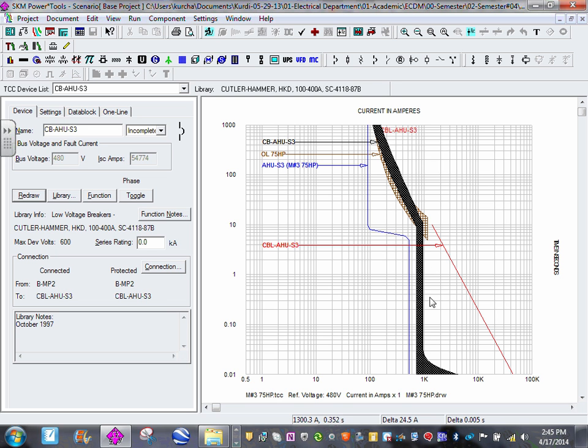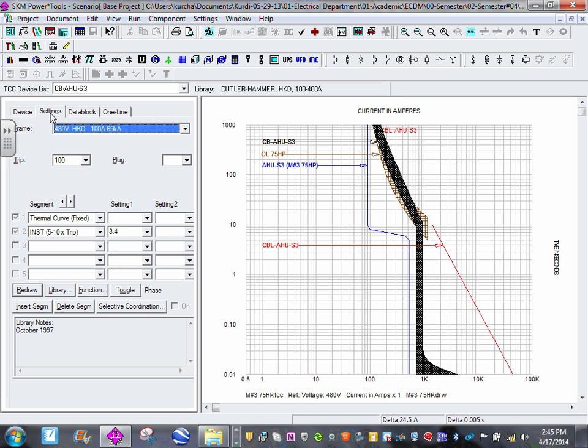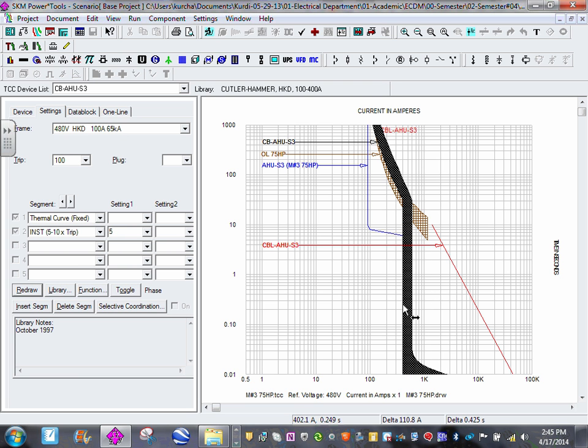So here's what this is. I have a 100 amp HKD, 65 kA, 480 volt circuit breaker, the expensive one. That's a Square D. The trip on that is 100 amp, and I'm sitting at 100 amp. Can you guys see the instantaneous? If I put it this way, now my motor will never start. This is adjusting the instantaneous.